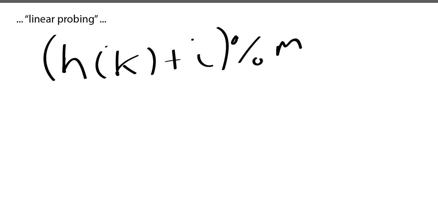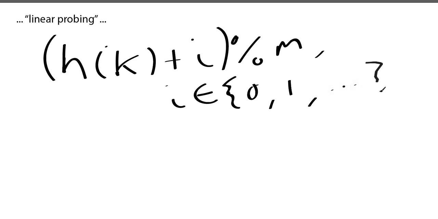So (h of k plus i) mod m, where i is in 0, 1, and so on. So from i starting at 0 all the way down, this is linear probing, and it can actually lead to long probe sequences.